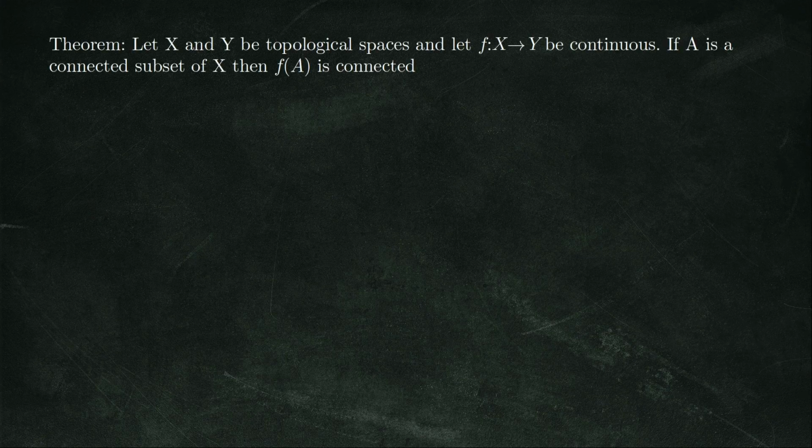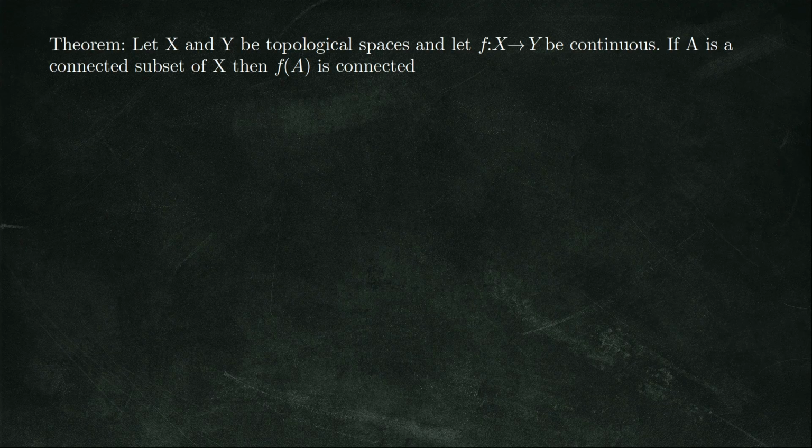Okay, we have another theorem. That is, if X and Y are topological spaces, and F is a map from X to Y that is continuous, and if A is a connected subset of X, then F of A is also connected. The proof for this is in your booklet, so take some time and read through that proof, and then we'll see a couple of quick implications of this theorem.